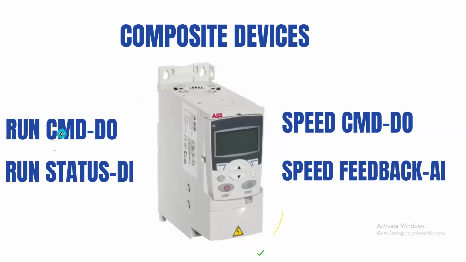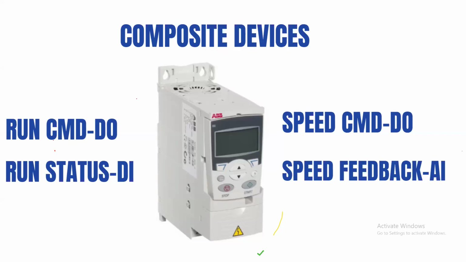A VFD has two major commands. You can vary the speed, but it also needs to get a command that will tell it to actually run. The run command, to tell the VFD to turn on and run the motor or not run the motor, is a digital output because it is on or off, and it is coming from the PLC.